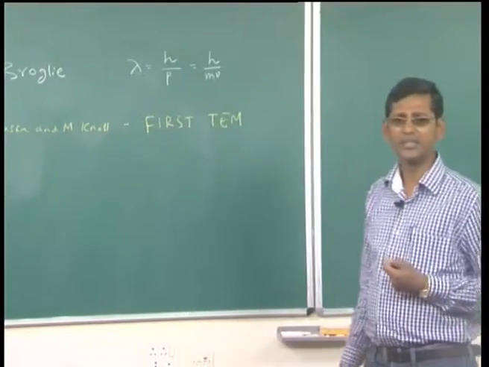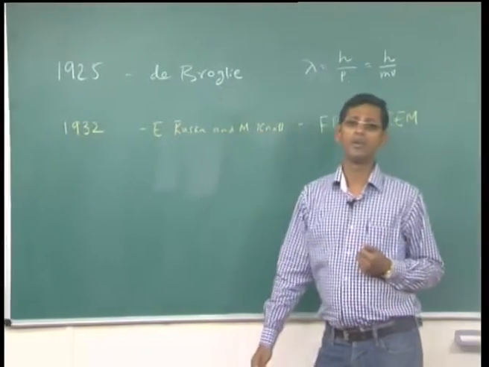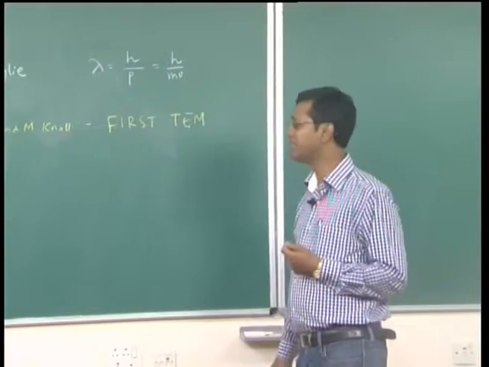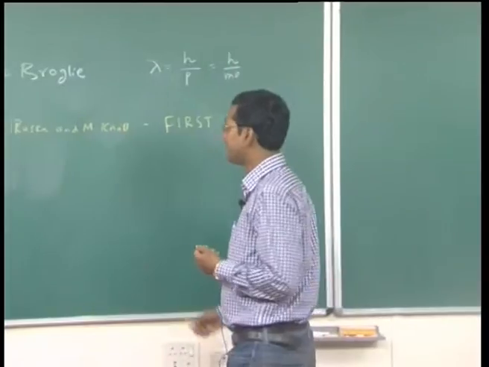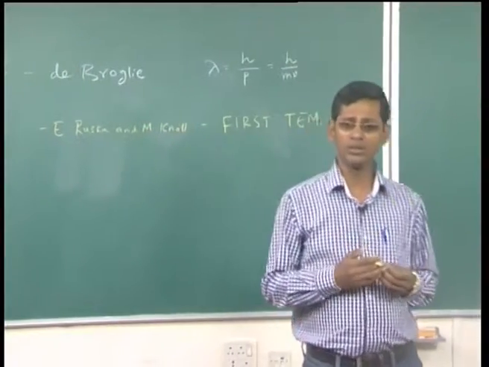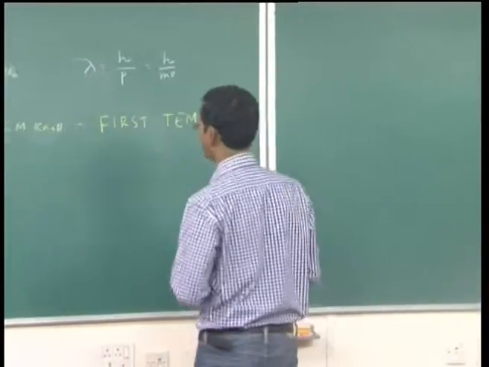This is a major discovery, and for it, in fact, Ernst Ruska won the Nobel Prize in 1986, after almost 50 years. So, this set the tone that electrons can be used as an imaging tool. People know it because electrons can have a very small wavelength.